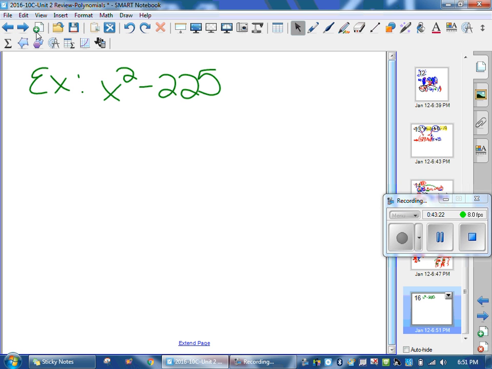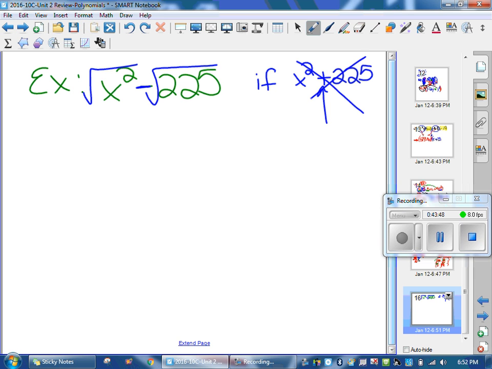So you know it's possible then to square root both. The fact is it's got to be a subtraction sign between them. If it was this situation, x squared plus 225, this is not factorable. It must be a difference of squares, meaning a subtraction sign in the middle, to use this rule. So you would square root each term, open your two brackets.